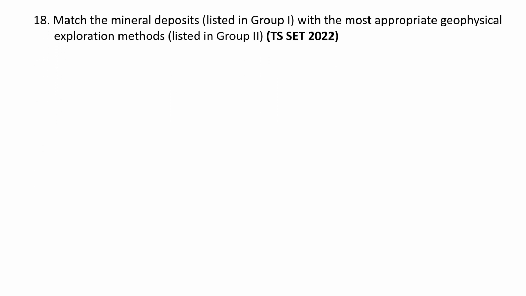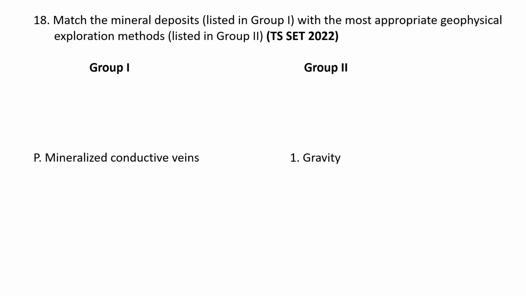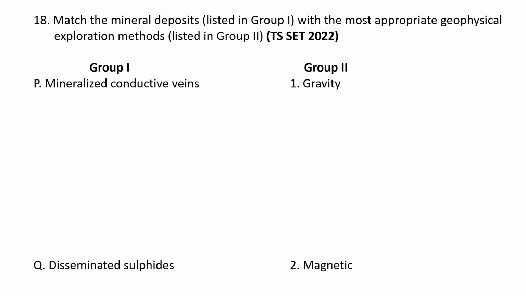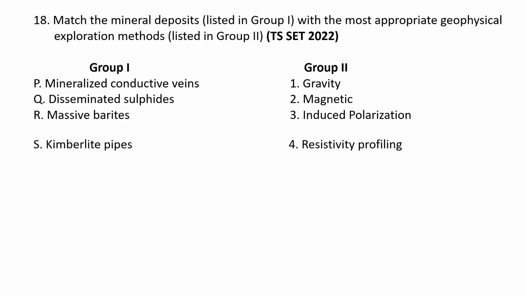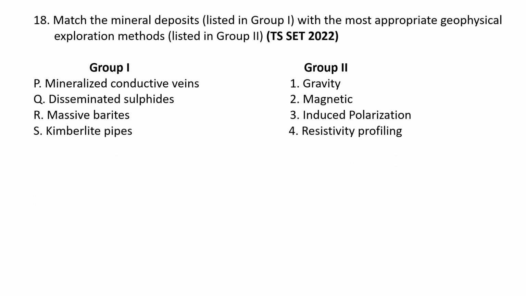Next question. Match the mineral deposits listed in group 1 with the most appropriate geophysical exploration methods in group 2. In group 1, P is mineralized conductive veins, Q is disseminated sulfides, R is massive barytes, and S is kimberlite pipes.